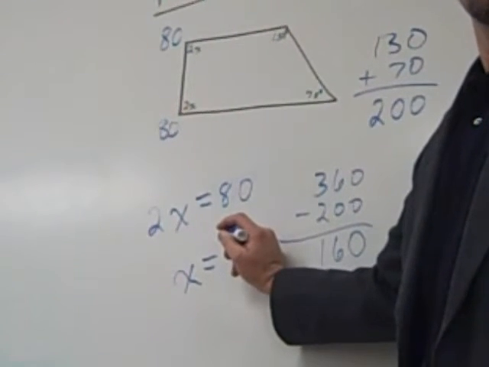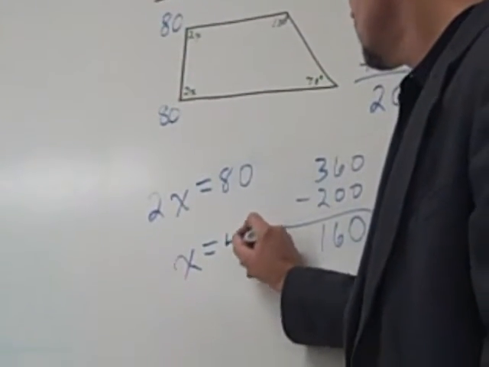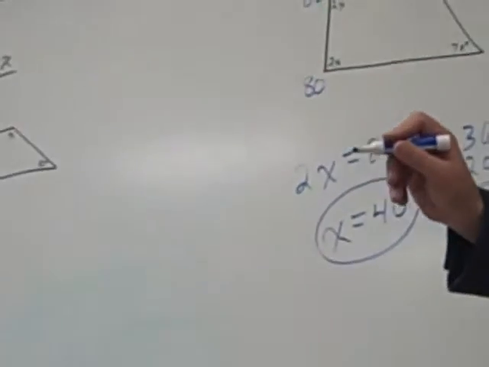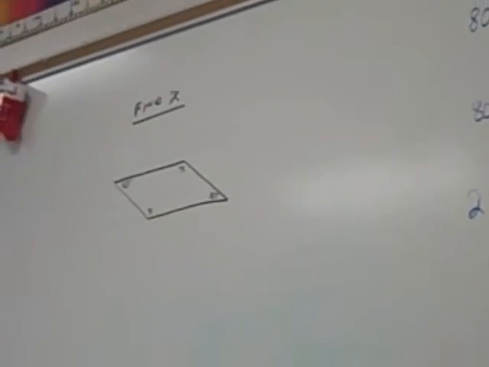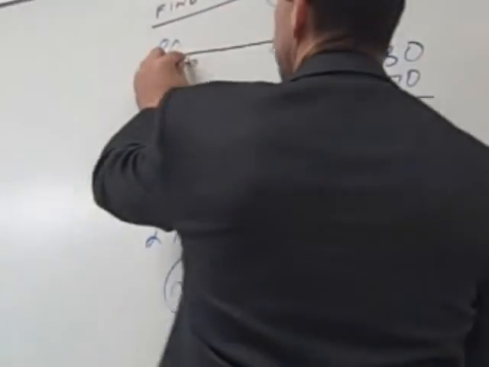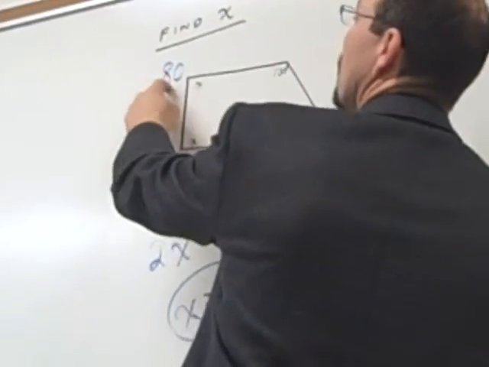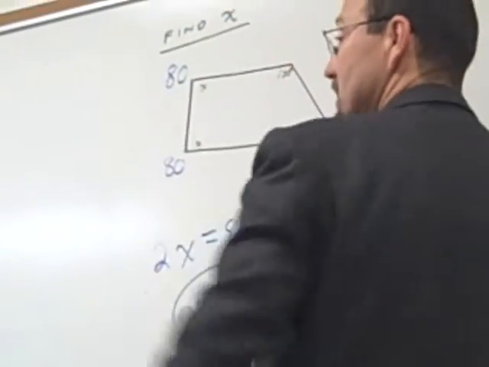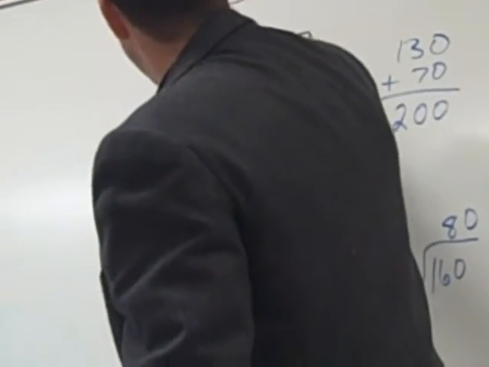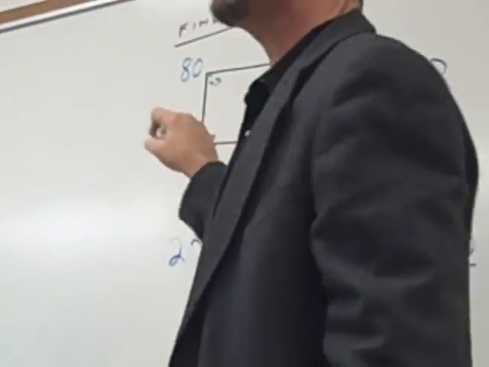Does everybody see it now? So just x is 40. Everybody with me on that? Had this been just plain old x, then x would have been 80. But that wasn't the case. It's 2 x's that make 80.